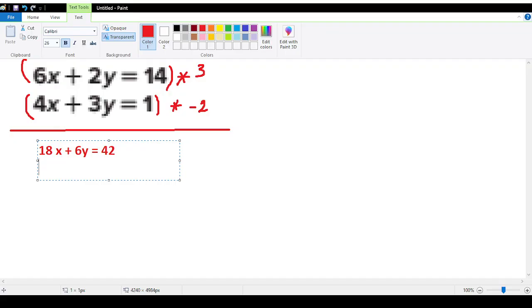Okay? Now go to the next equation. Multiply it by -2. -8x. Correct. Excellent, Shamsa. Then plus -6y, just minus 6y, and then equals... -2.